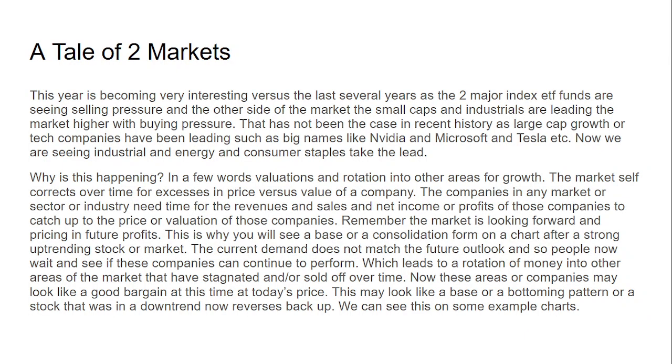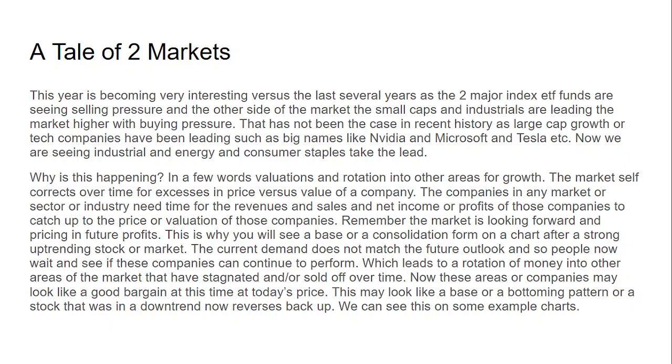Now let's get to this year and the beginning of 2026. This year is becoming very interesting versus the last several years, as the two major index ETF funds are seeing some selling pressure, and on the other side of the market, small caps and industrials are leading the market higher with some buying pressure.